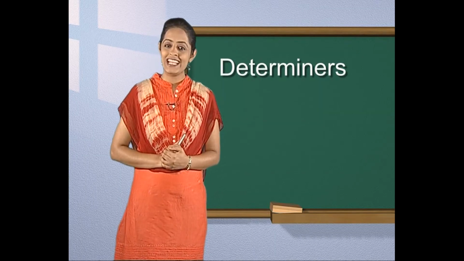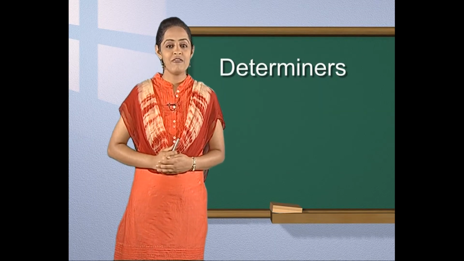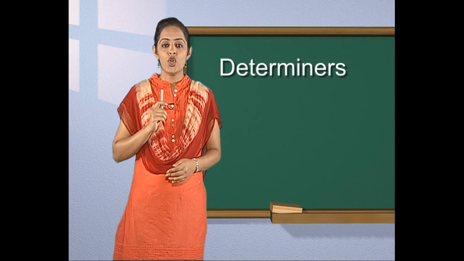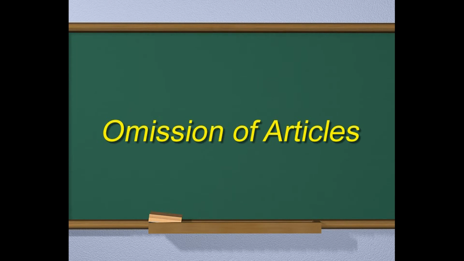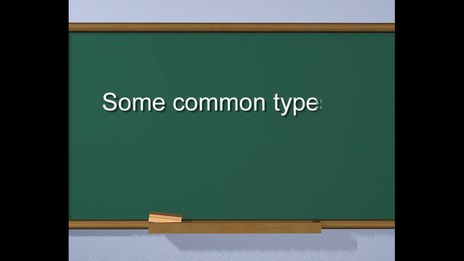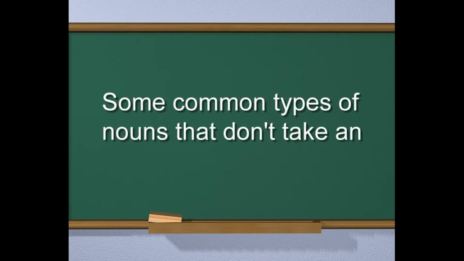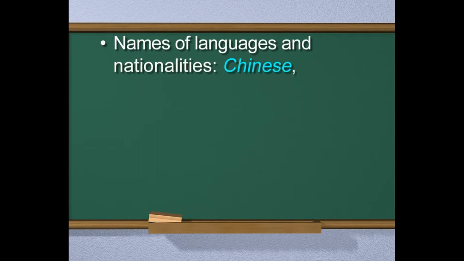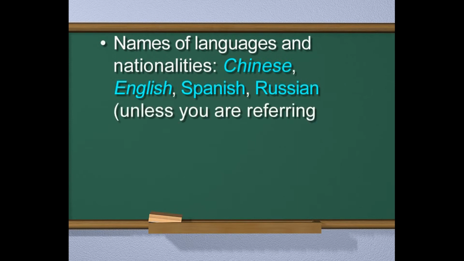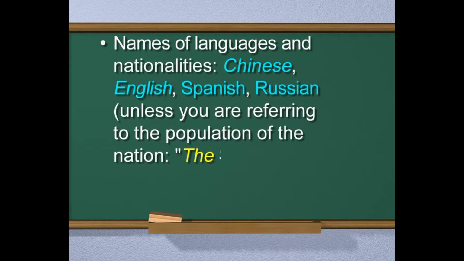Children, let's now take up some examples where articles are not required to be used. Omission of articles. Some common types of nouns that don't take an article are names of languages and nationalities: Chinese, English, Spanish, Russian, unless you are referring to the population of the nation.